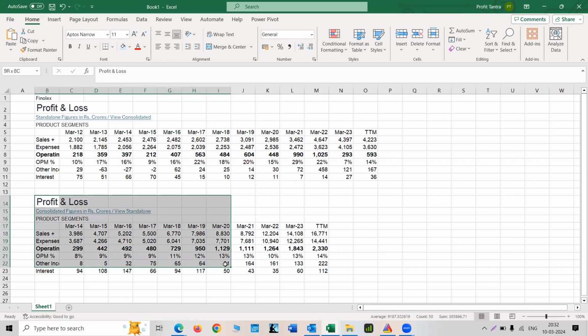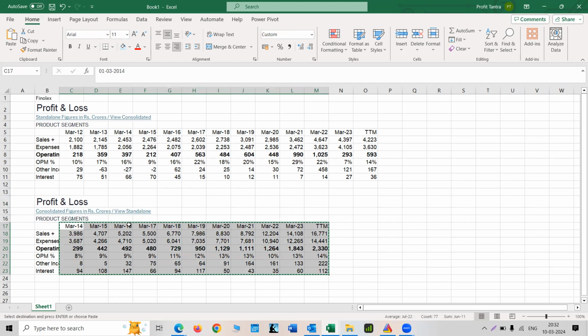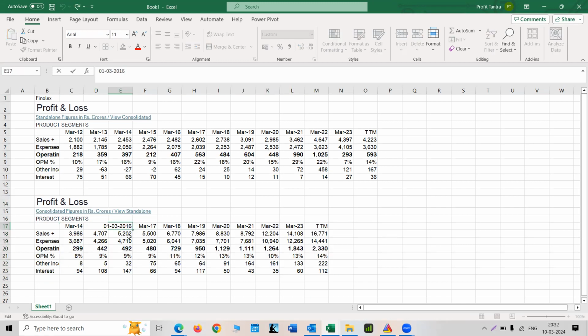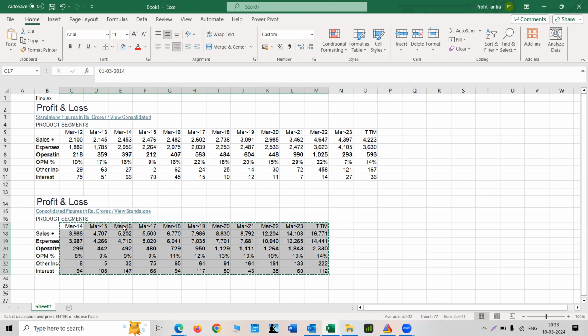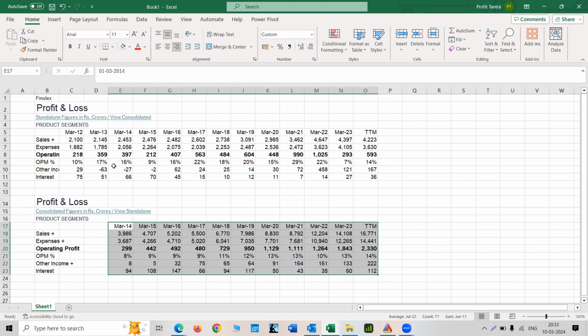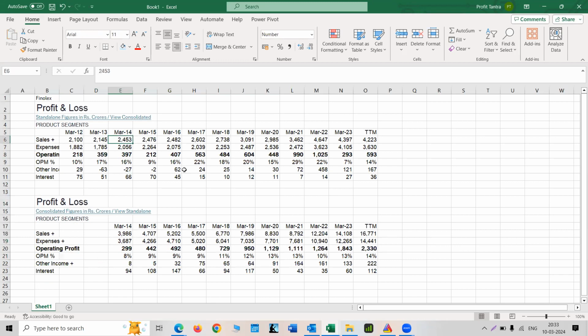So let me move this a little bit here so we can compare apples to apples. Okay, so you can see it has already taken over, correct? Now margin is 8%. Here margin is very good, 16%, 9%. Even at 9%, but Finolex has more margins actually, correct?